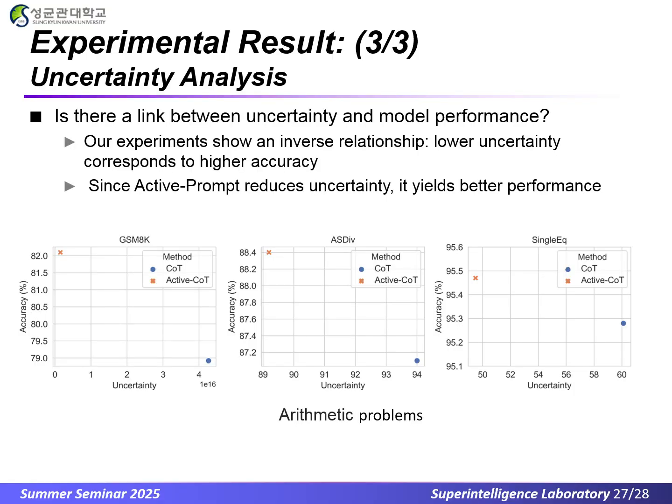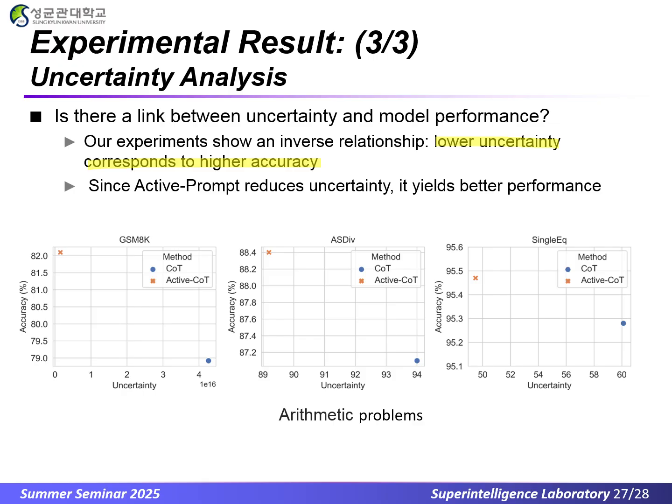Next, let's examine the link between uncertainty and model performance. On all 3 scatter plots, GSM-8K, ASDIV, and single EQ, we see a clear inverse relationship. Lower uncertainty corresponds to higher accuracy. The blue dots show standard chain of thought prompting with a fixed exemplar set, while the orange X's show active COT, where we replace those exemplars with high uncertainty question examples.